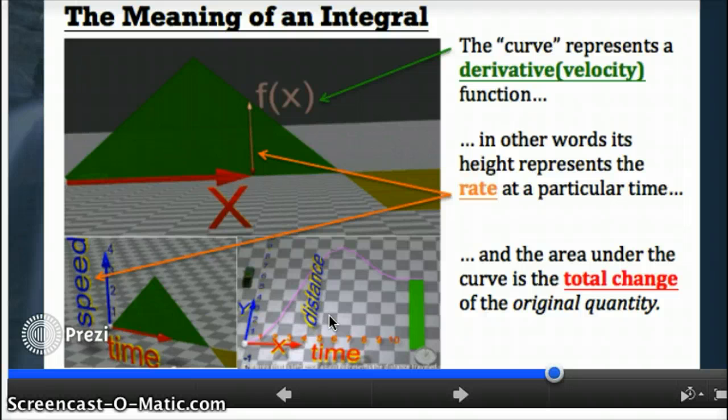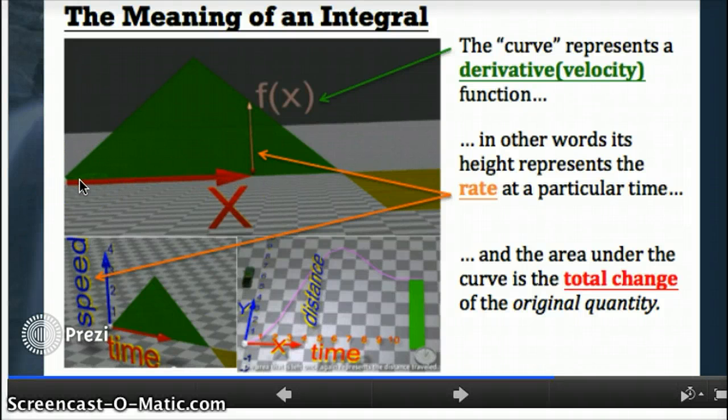This is fundamentally the meaning of an integral. If you're looking at a graph, this is the most important thing from this half of the video. If you're looking at a graph of a derivative, the area under that curve represents the total amount in whatever the original function was, the function whose derivative you're now looking at.